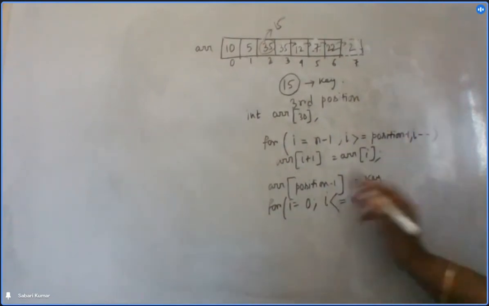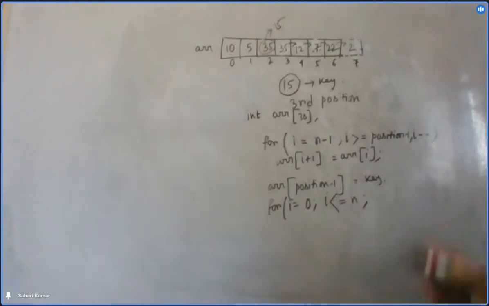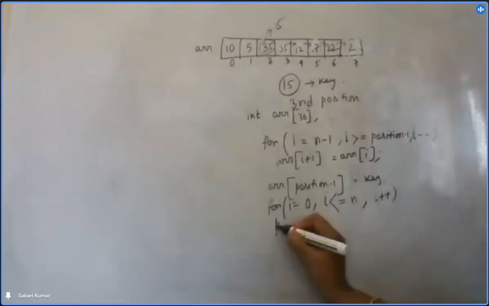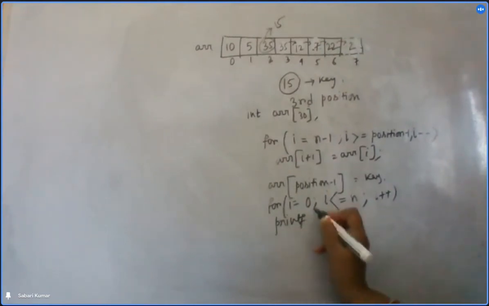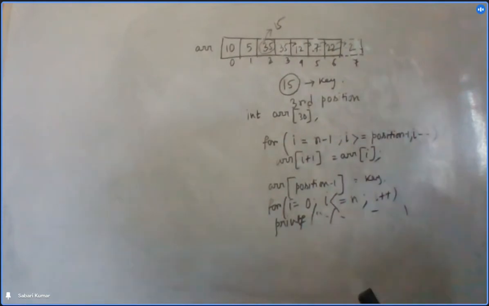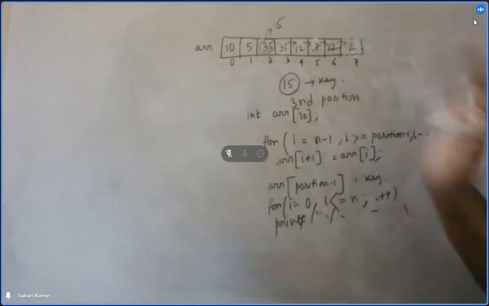Now it will go up to n, so i less than or equal to n, i plus plus, then you will print the array like printf percent d. I'm not writing this part. So this is the total structure by which you can insert an element in the array at a specific position.